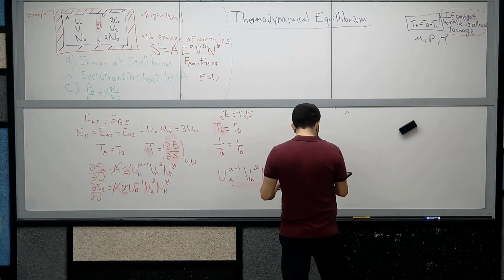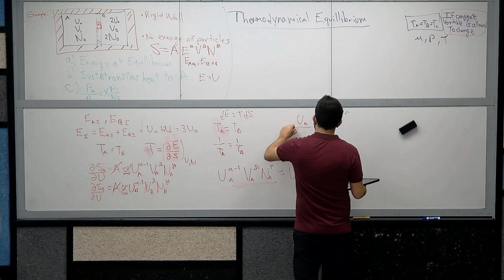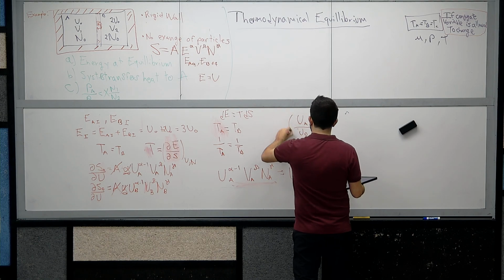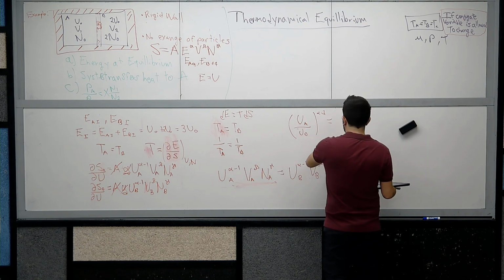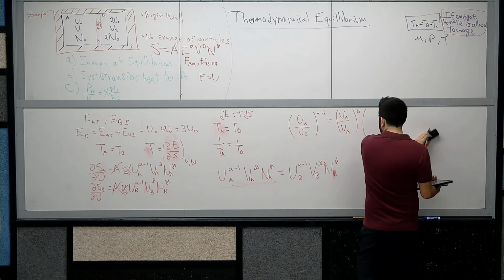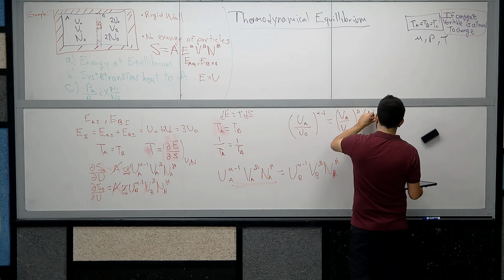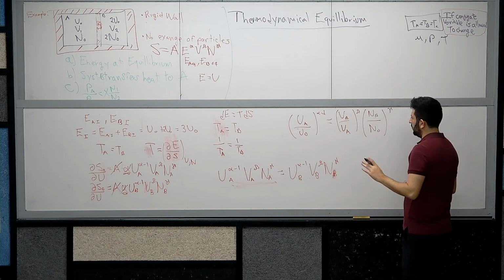Okay. So then we can just say that UA over UB to the alpha minus 1 is just B to the beta, and this would be just N to the gamma, right?